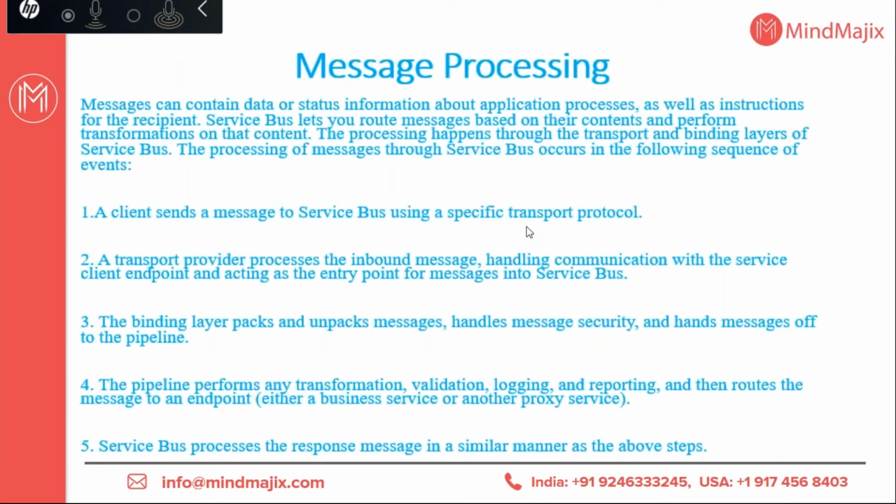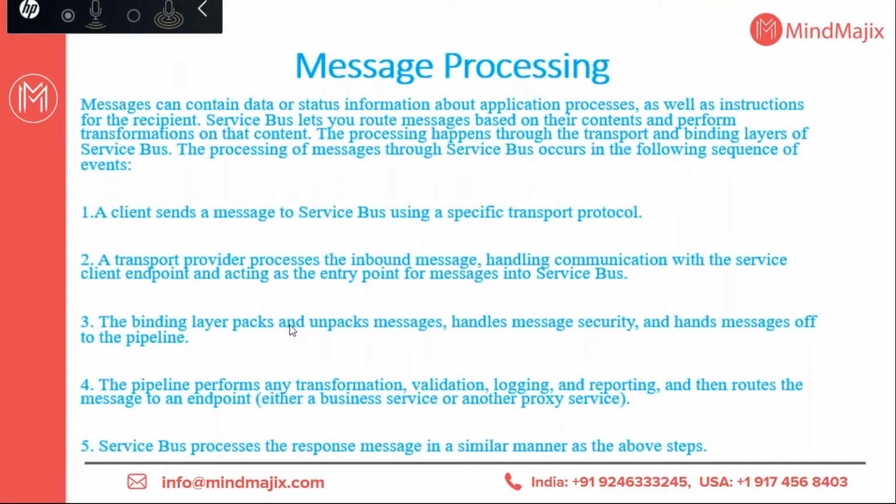How? Because of the protocols that we have. The protocol gives us an idea of what type of document or message it is. Oracle Service Bus understands that and hands it over to the binding layer.